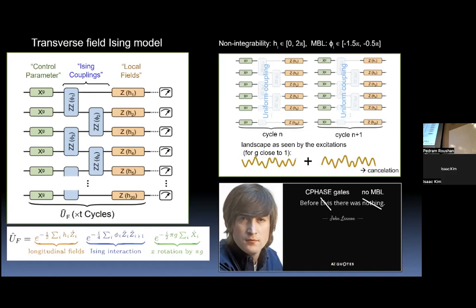That's an intuitive explanation why you do not get many-body localization here. So without C-phase gates, with this being not CZ but C-phase, meaning the phase is adjustable, you have no MBL.